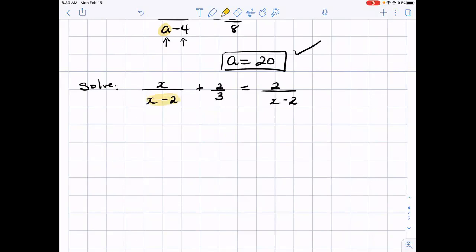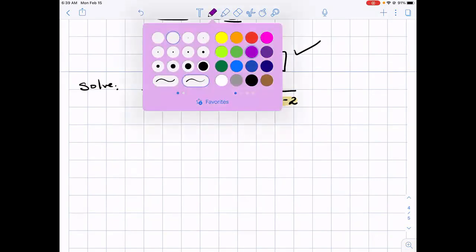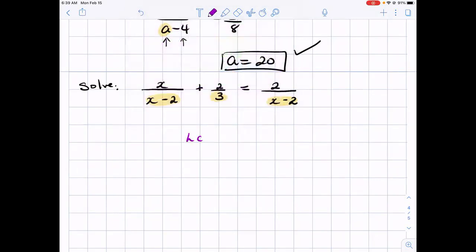There's nothing to factor here, nothing to factor here, and nothing to factor here. So I can go ahead and say my lowest common denominator is x minus 2, which is this here, times this one here, which is 3, times this one here, which is x minus 2.